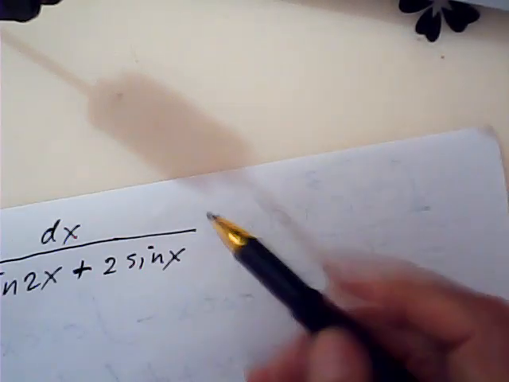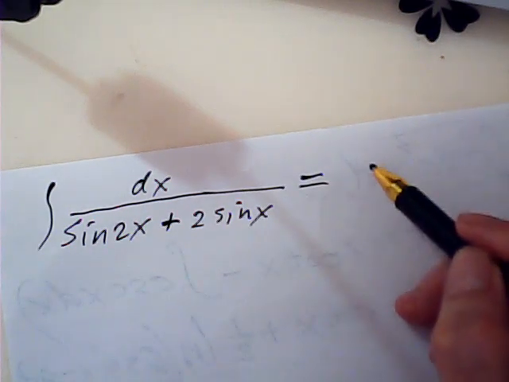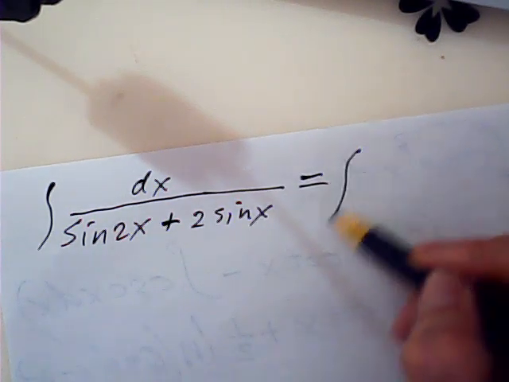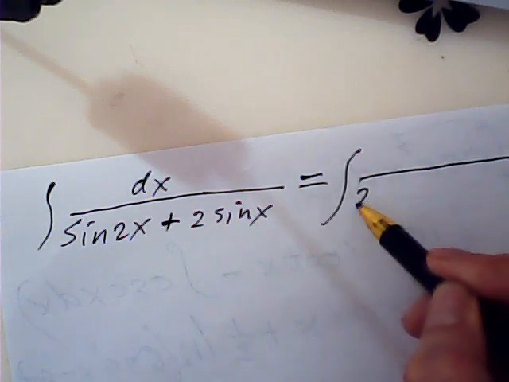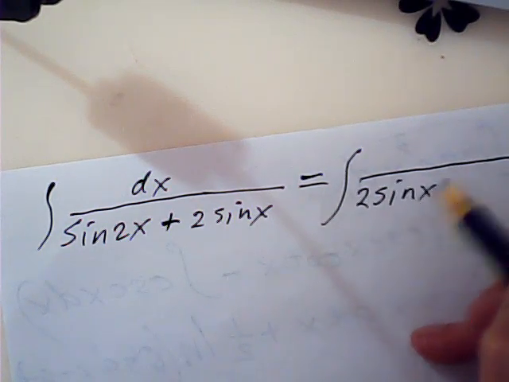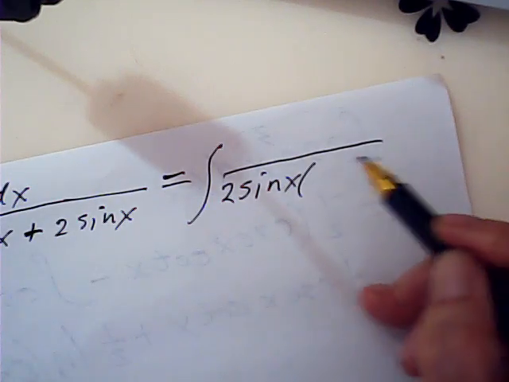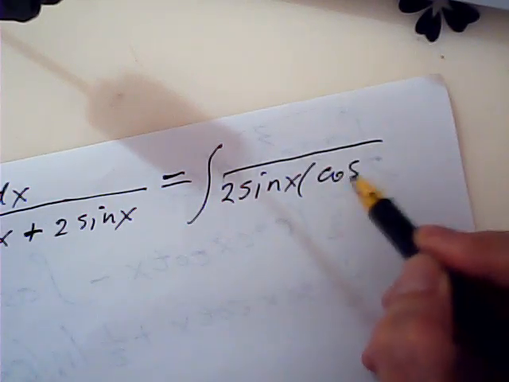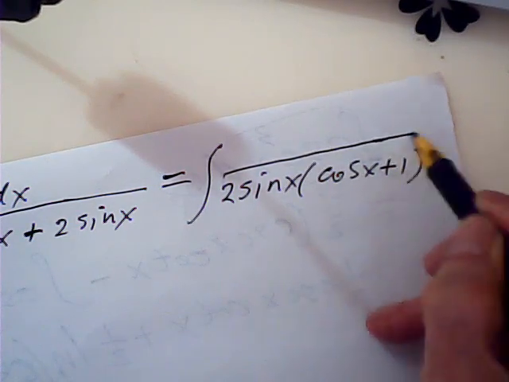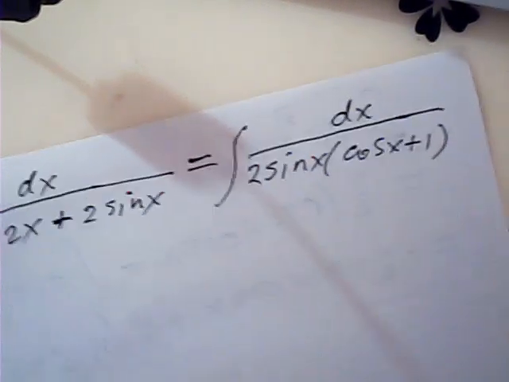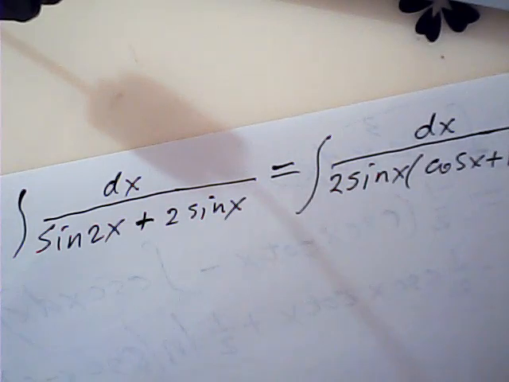Okay, now let me do this with the third method. I take 2 sine x out. So what is left is cosine x plus 1 under dx.